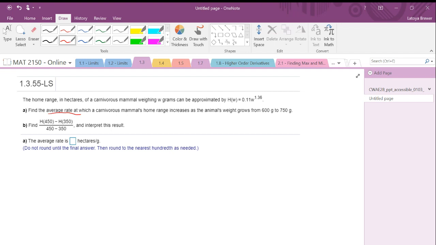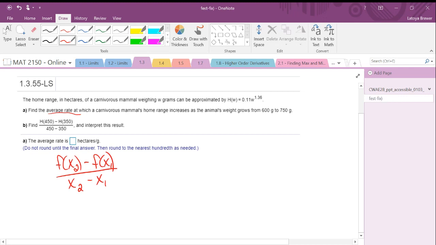And when I see average rate of change, what I think of is f of x sub 2 minus f of x sub 1 over x sub 2 minus x sub 1. But to be able to use that expression, we have to have ordered pairs. In other words, we have to have an x sub 1 and an x sub 2, and then an f of x sub 1 and an f of x sub 2.